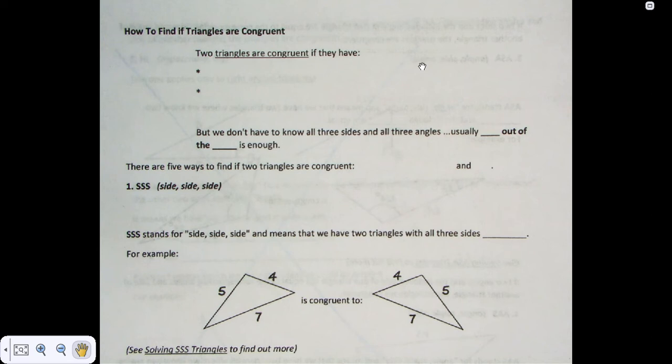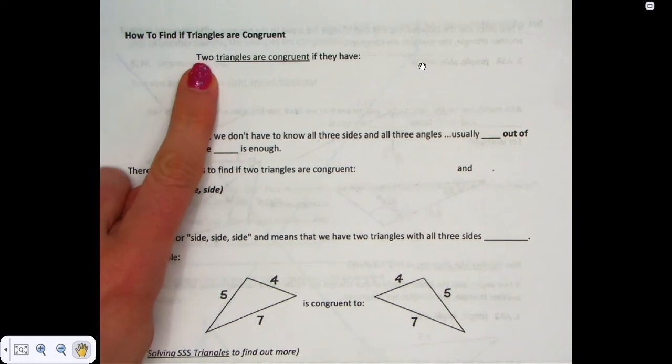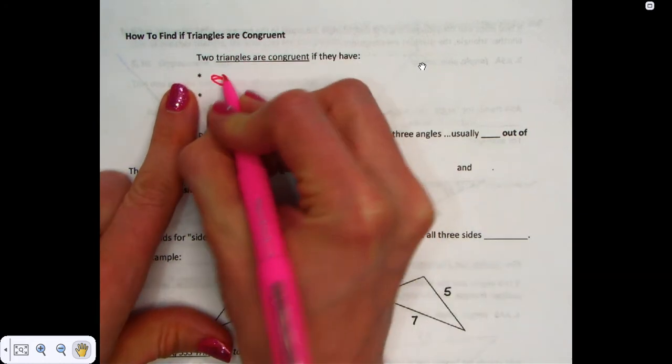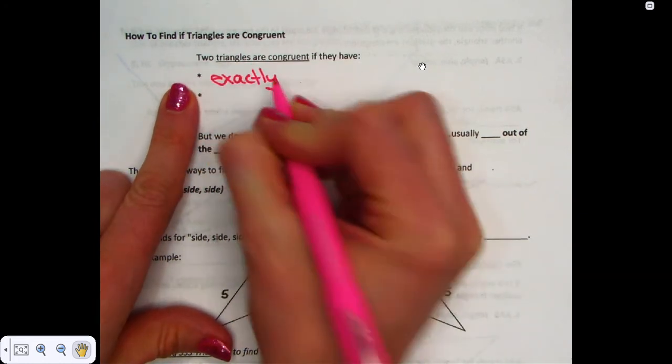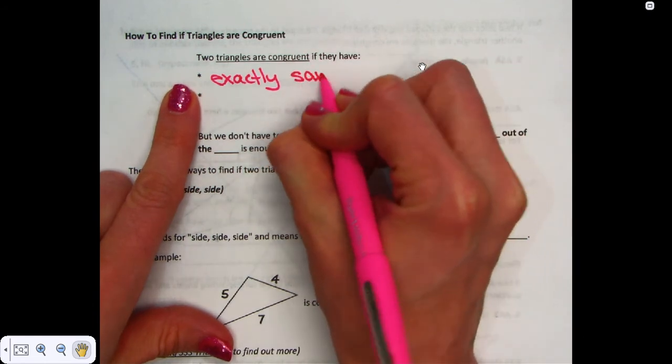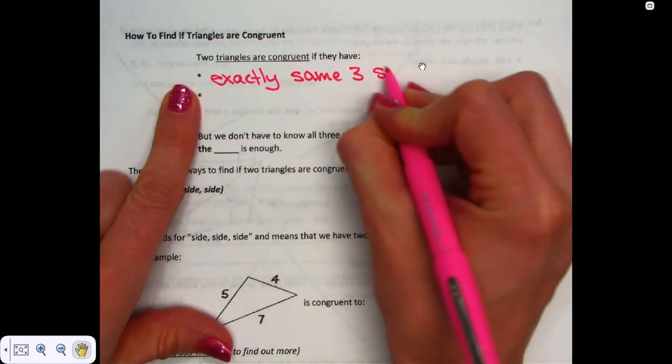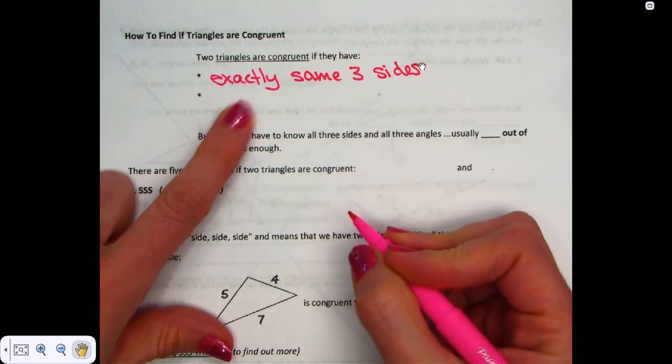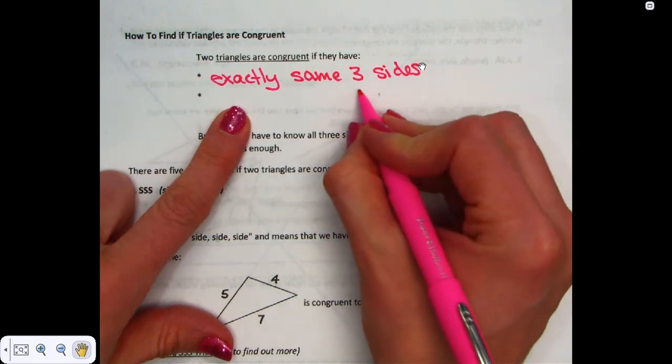two triangles are congruent. So up here at the top, we have two triangles are congruent if they have exactly the same three sides and exactly the same three angles.